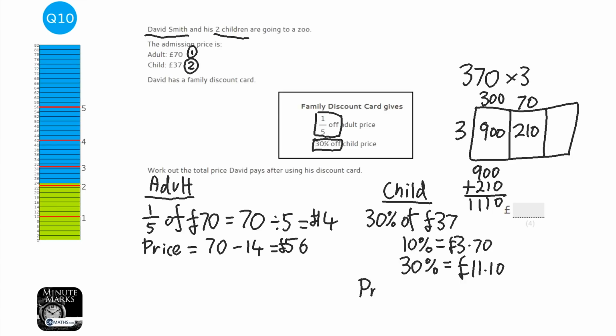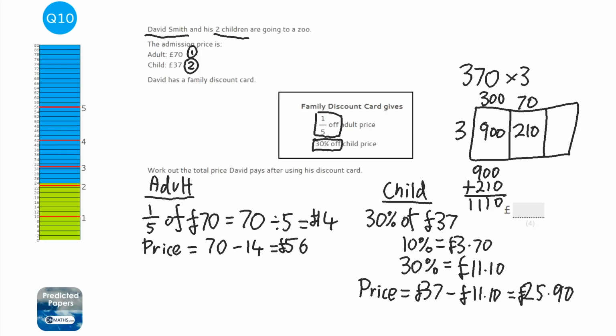And so we want to work out the price. So it's going to be £37, take away £11.10. So if you take away 10 it's 27, take away 1 is 26, take away 10 is £25.90. Now that's for 1 child, so that's 1 child.